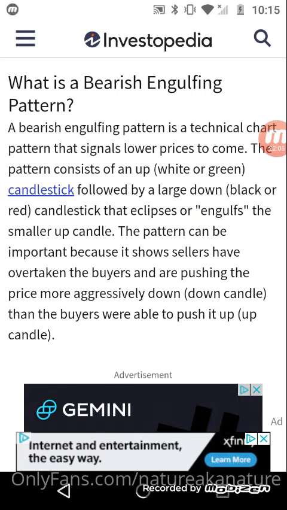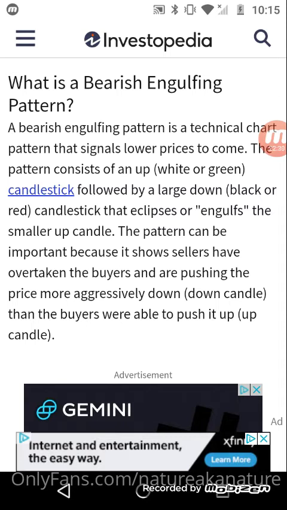This pattern is important because it shows sellers have overtaken the buyers, pushing price back down aggressively and engulfing the buyers.